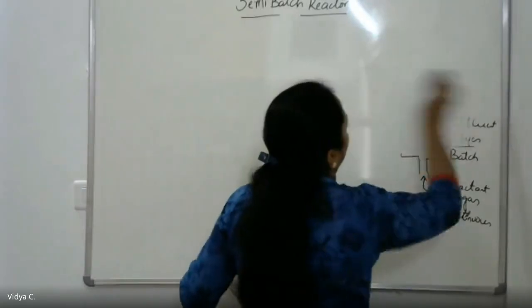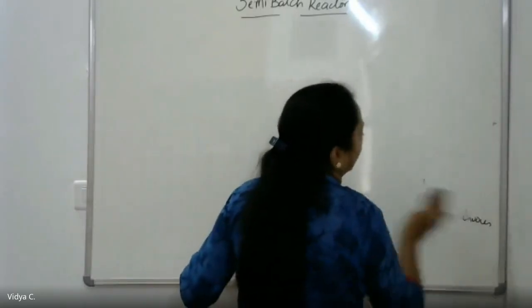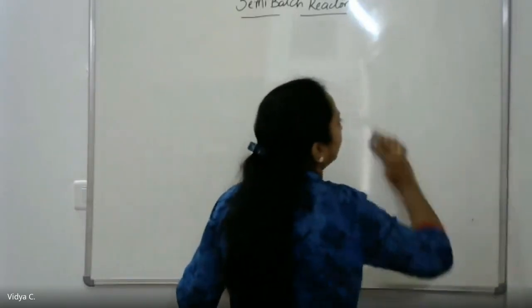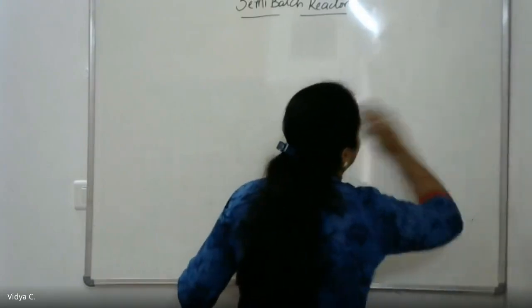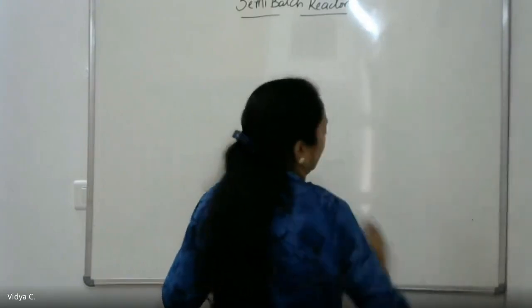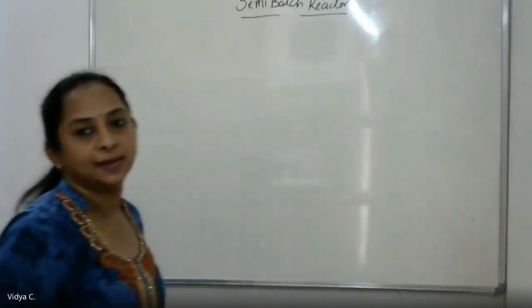Okay, so let me go to a bit of the derivation part for this semi-batch reactor before I explain the lab procedure. But for that, you have to know something.